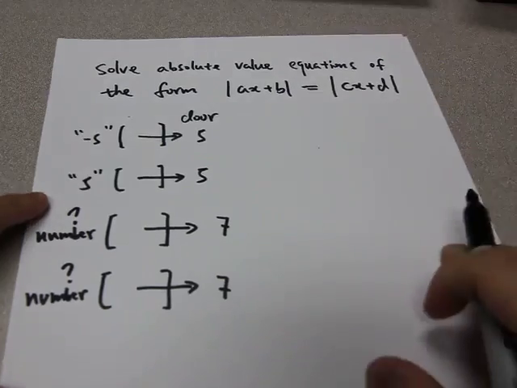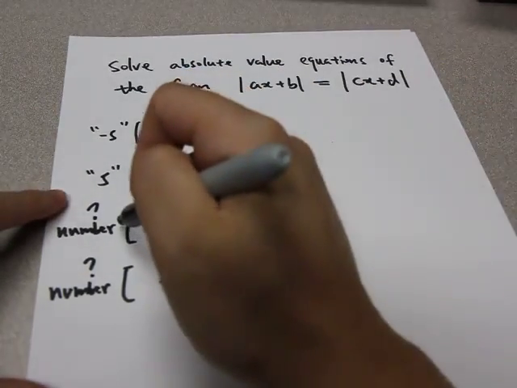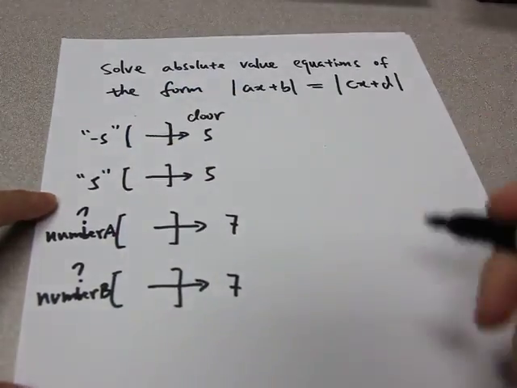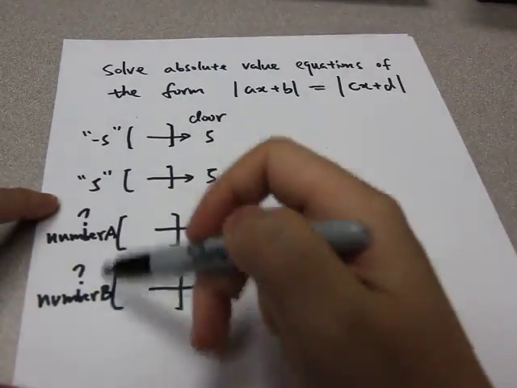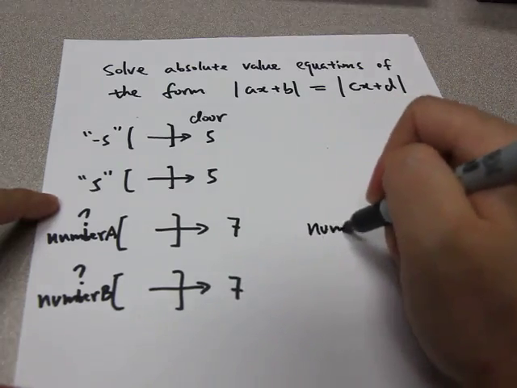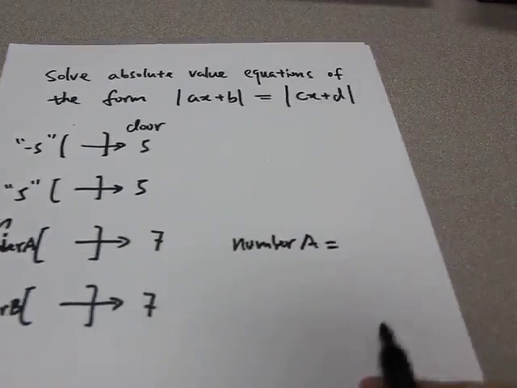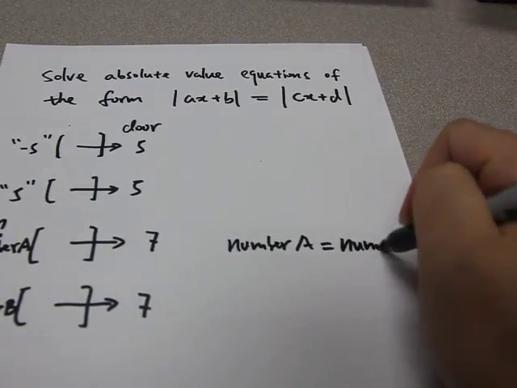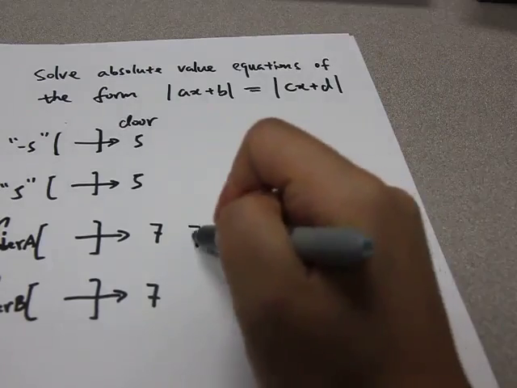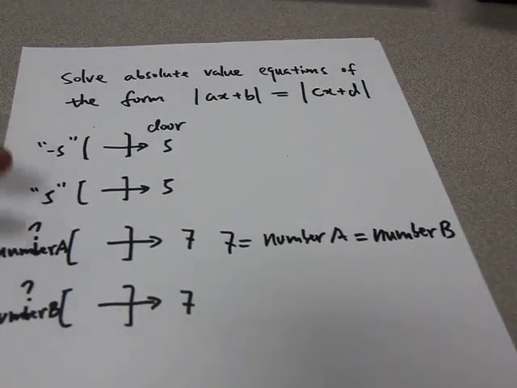Well, one possibility is, let's call this number A, let's call this number B. So one possibility is these two numbers are both 7, right? They're both 7, and the absolute value equals 7. So that's why nothing happened to them.